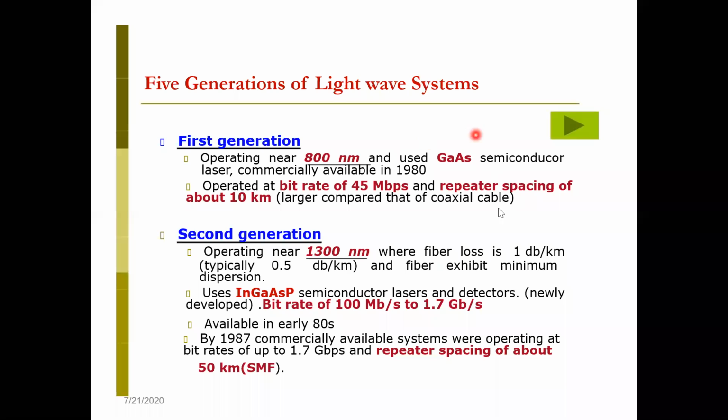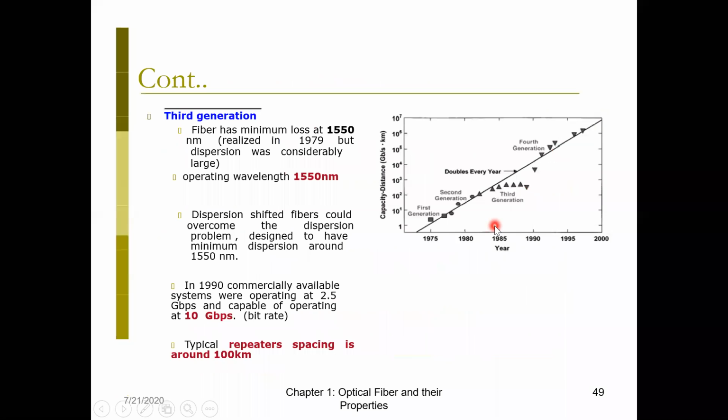Okay, so in the third generation, we directly started operating at the third window, that is your 1550 nanometer. But the dispersion problem was still there at that time. So during the third generation, we had dispersion shifted fibers. With the development of this particular fiber, we could overcome the dispersion problem.